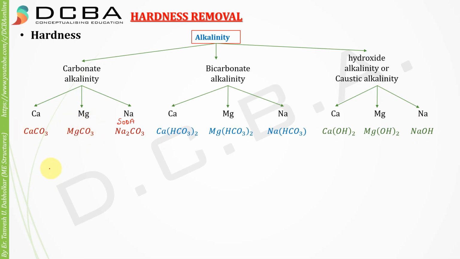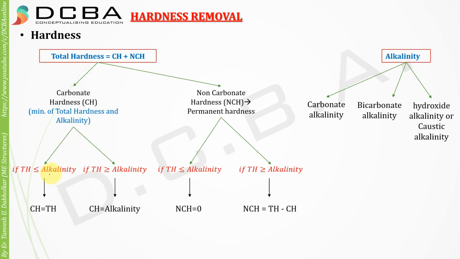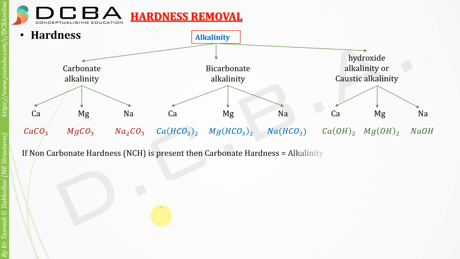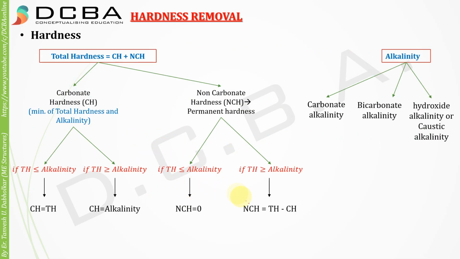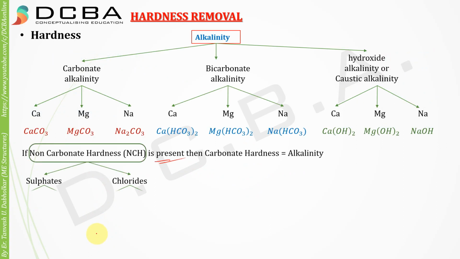Now understand very carefully and listen to this very carefully. If non-carbonate hardness is present, that means carbonate hardness is equal to alkalinity. If this is present, it means it is this case, carbonate hardness is equal to alkalinity, right?